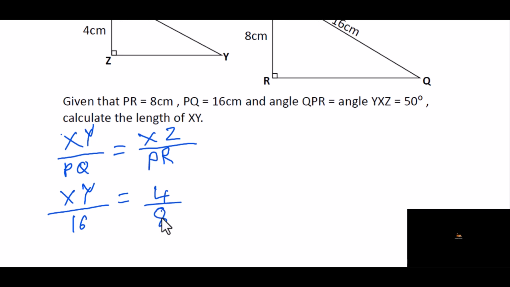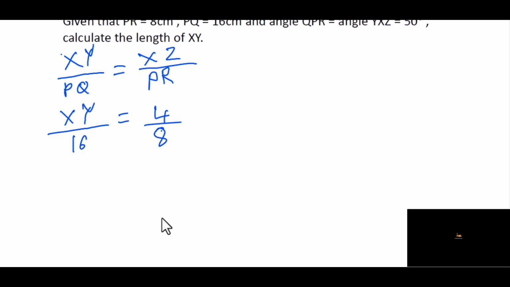So hence when we work this out, we're going to have XY over 16. So we can reduce this. So 4 into 4 is 1. Then 4 into 8, this is just 2.